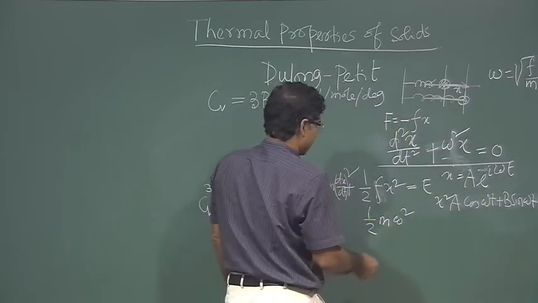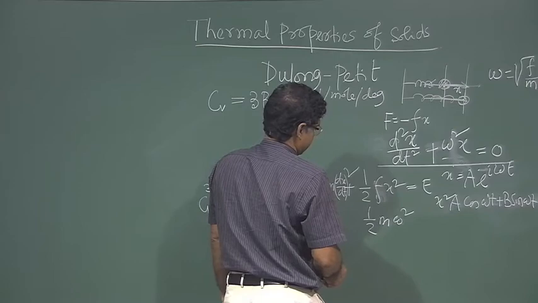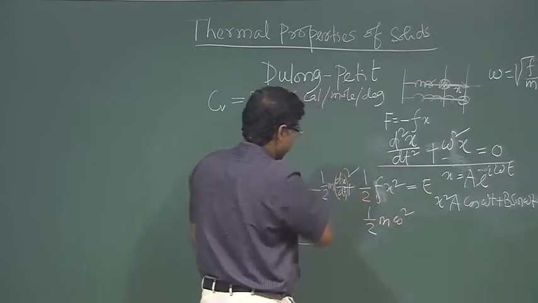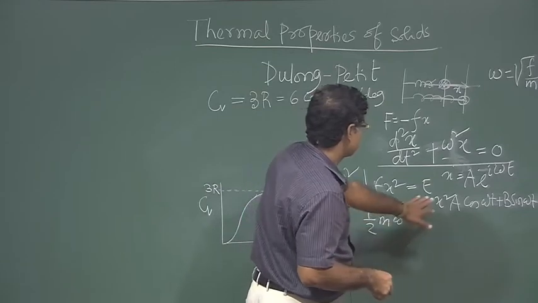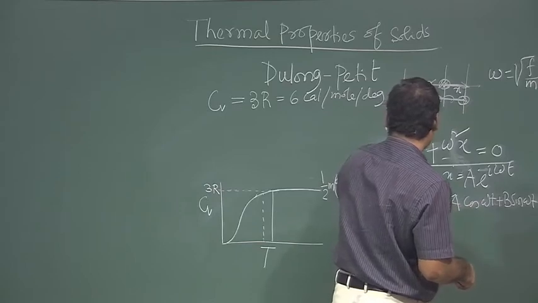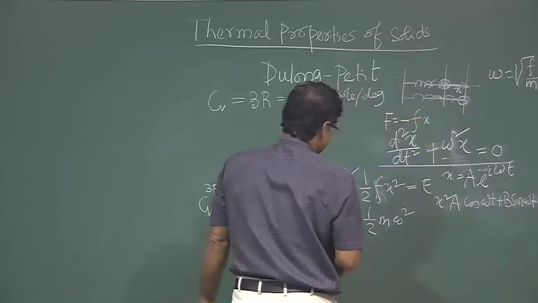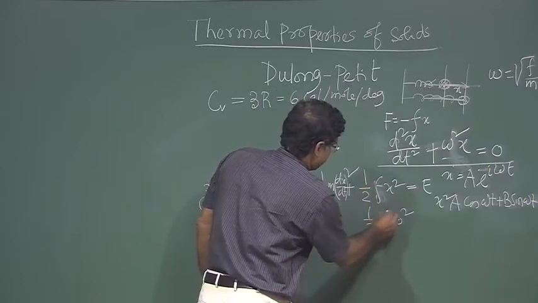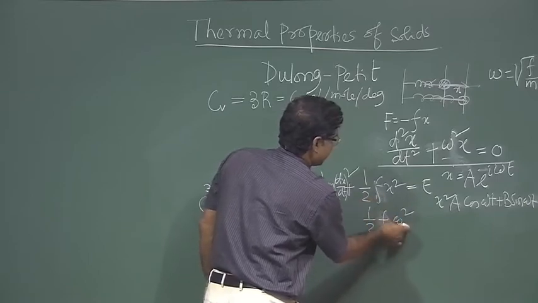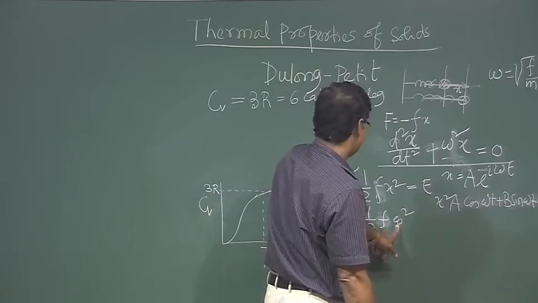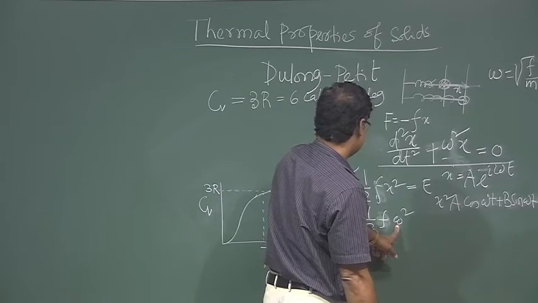So, half m omega square, and F is there, half m omega square. Half k x square, half F, so half F omega square. So omega square is basically your half k x square.